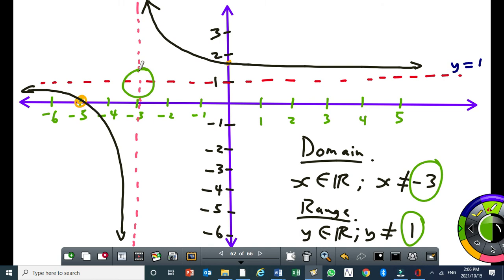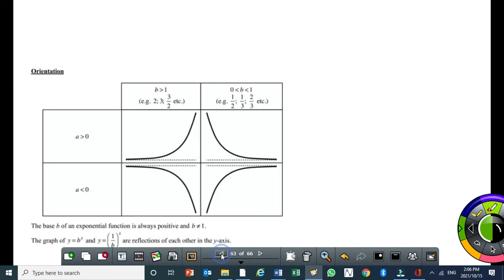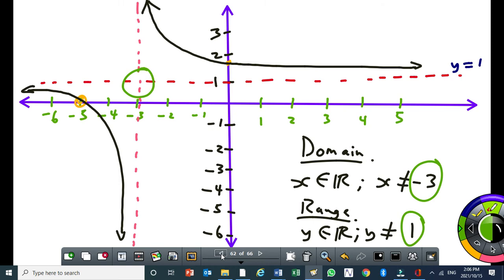Now, for this question, there was no question asked about the line of symmetry, but it's part of the next question, which is this one.